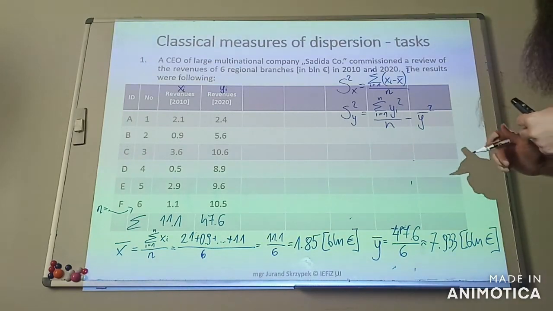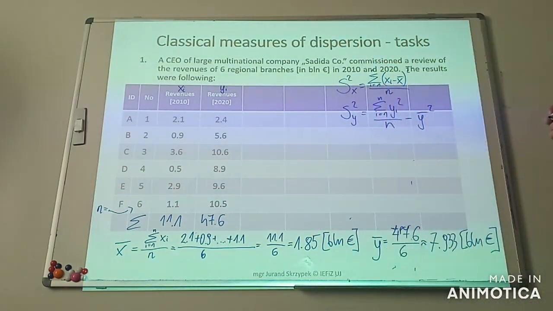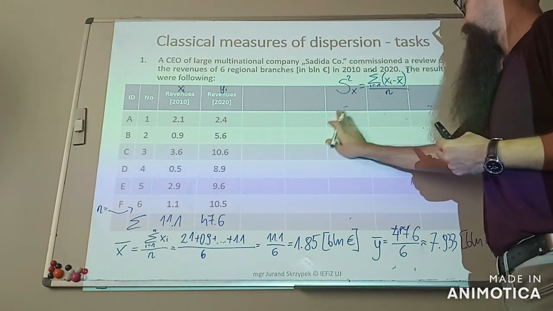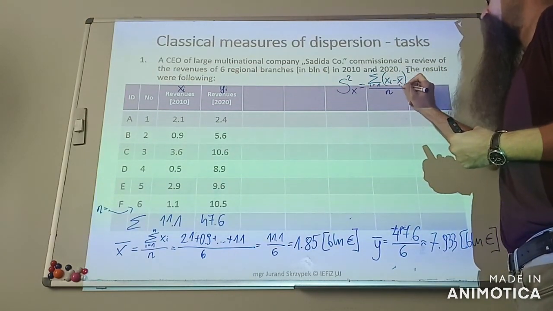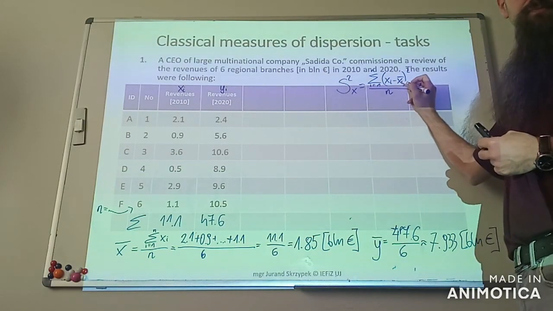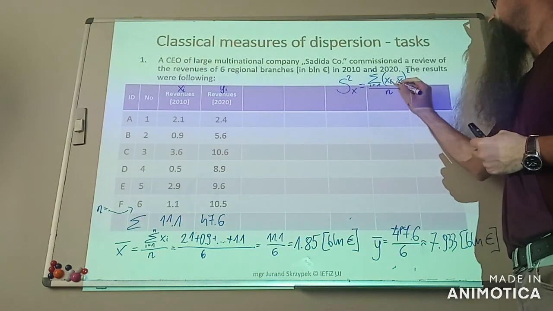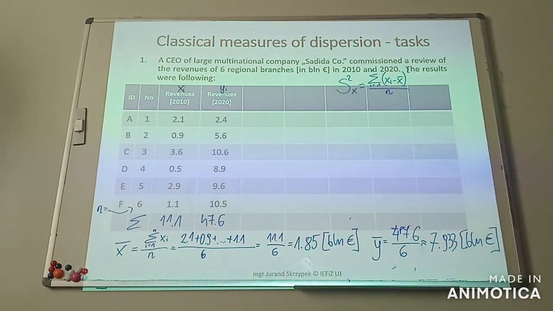We will try to compute the variance of the revenues in 2010. We will use this kind of formula. As you can see, the first step in the calculation of variance is to compute the deviations, the distances between the xi and x mean.